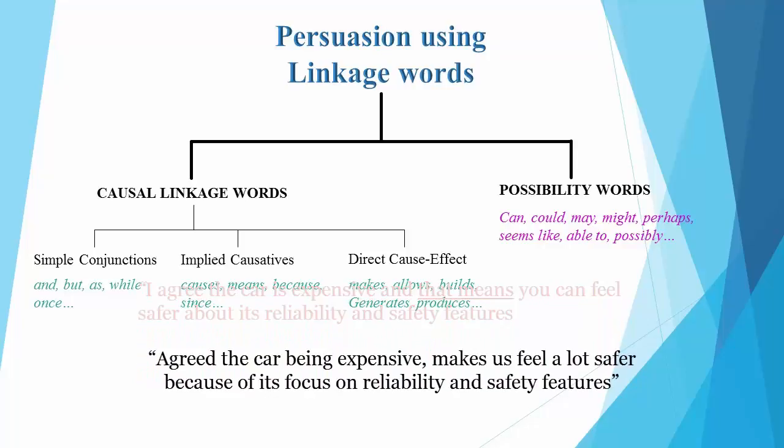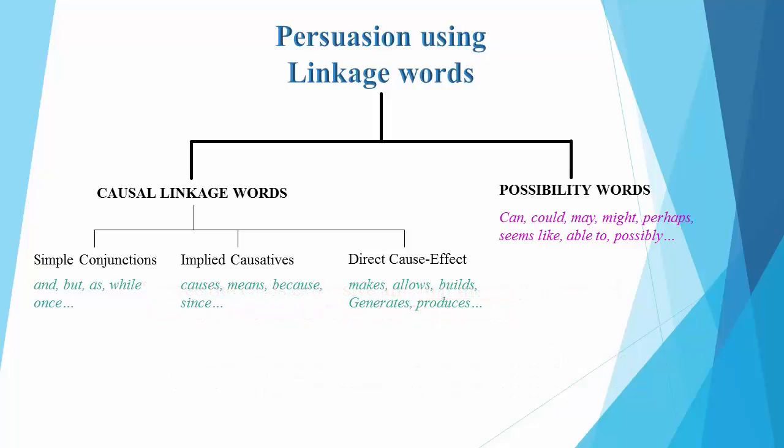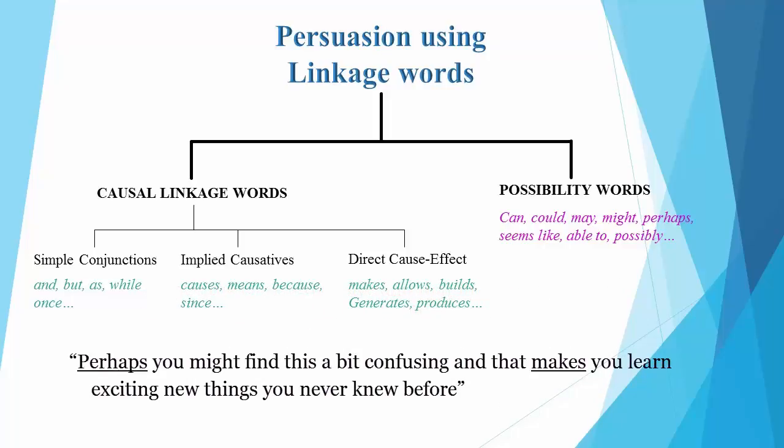Agreed, the car being expensive makes us feel a lot safer because of its focus on reliability and safety features. Now, does that sound a little stronger and better? Let's take another example. Perhaps you might find this a bit confusing right now, and that makes you learn exciting new things you never knew before.